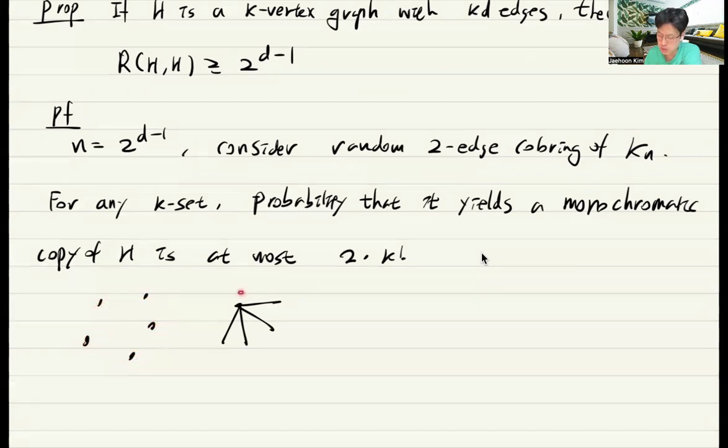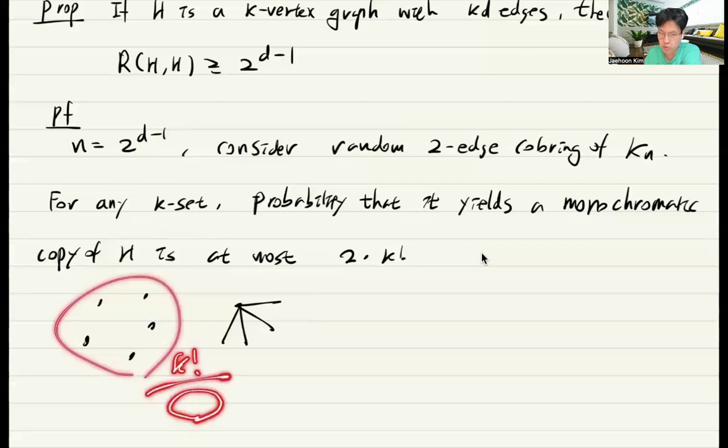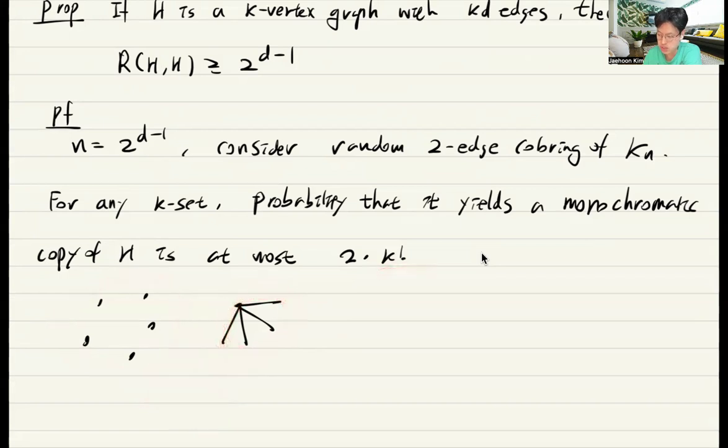That's 5 because this has lots of automorphisms. Swapping these two, these two, these two does not change the graph at all. So there are 4 factorial automorphisms of this graph. So 5 factorial over 4 factorial is 5. In general, it's k factorial divided by the number of automorphisms of the graph. So this is at most k factorial.